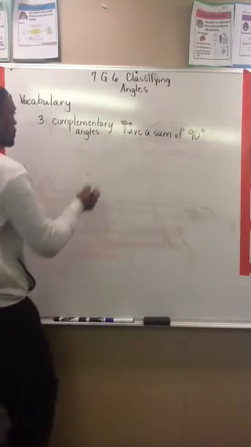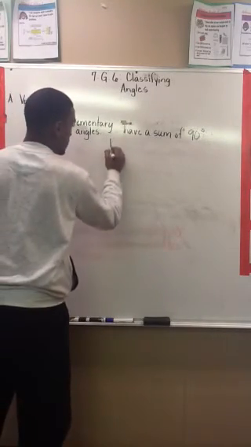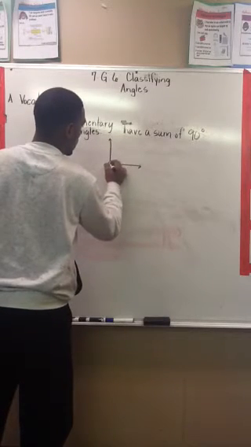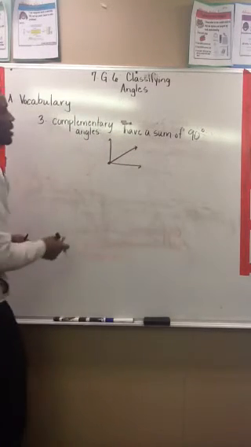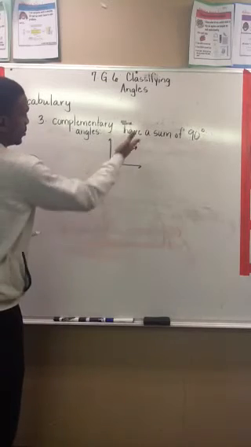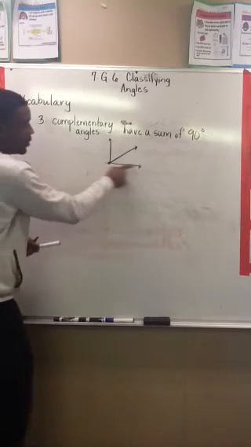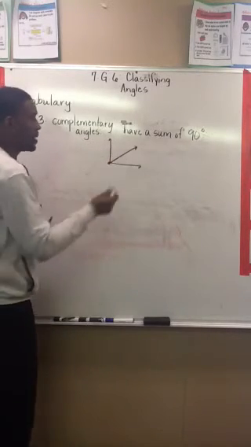Okay? If I do this, as you can see, a transversal has cut this angle off and split this 90-degree angle into 2 separate pieces.